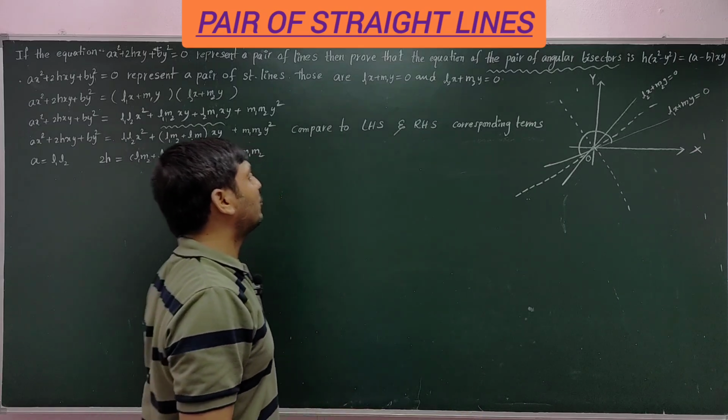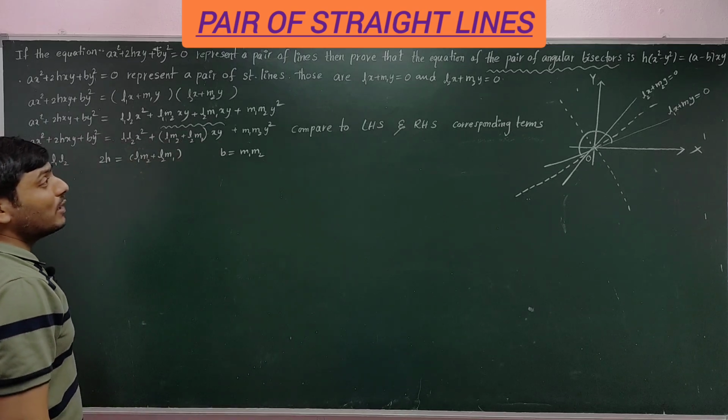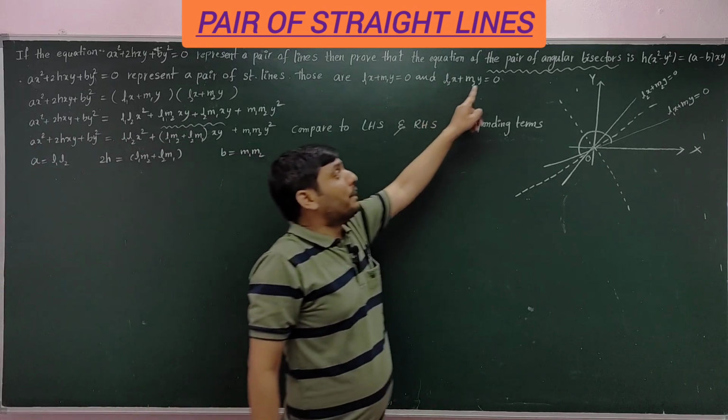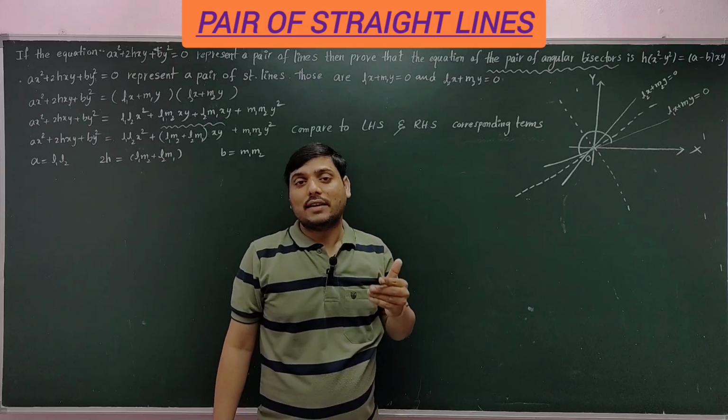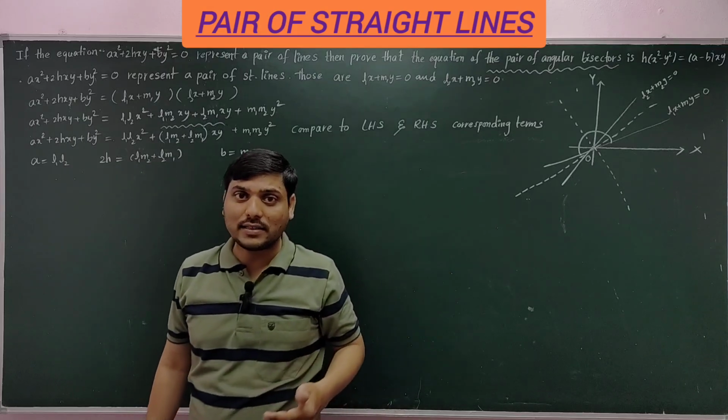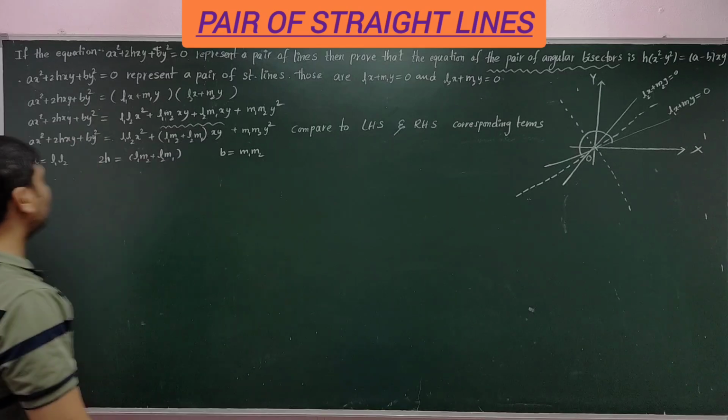Now just to come to the point, what is that formula? The pair of angular bisectors of the two straight lines formula is, I write, listen carefully.